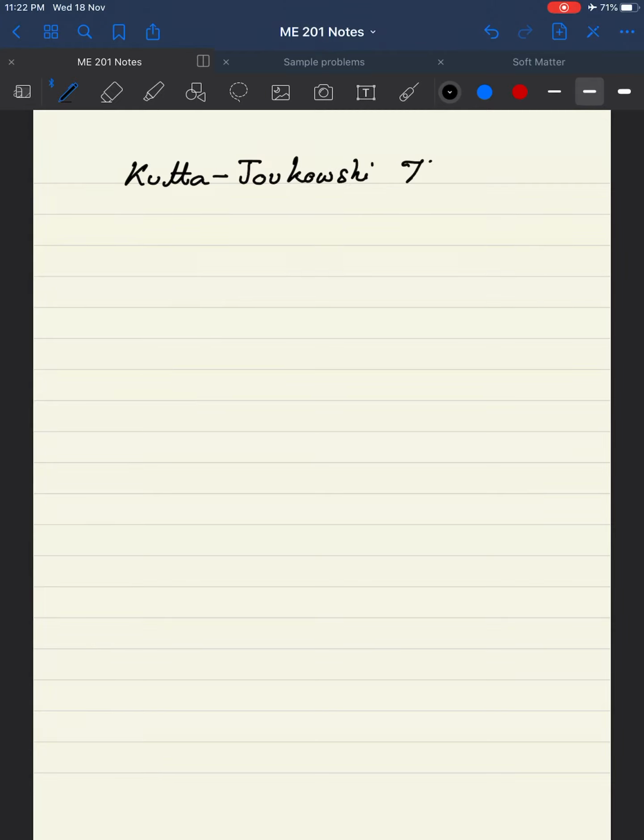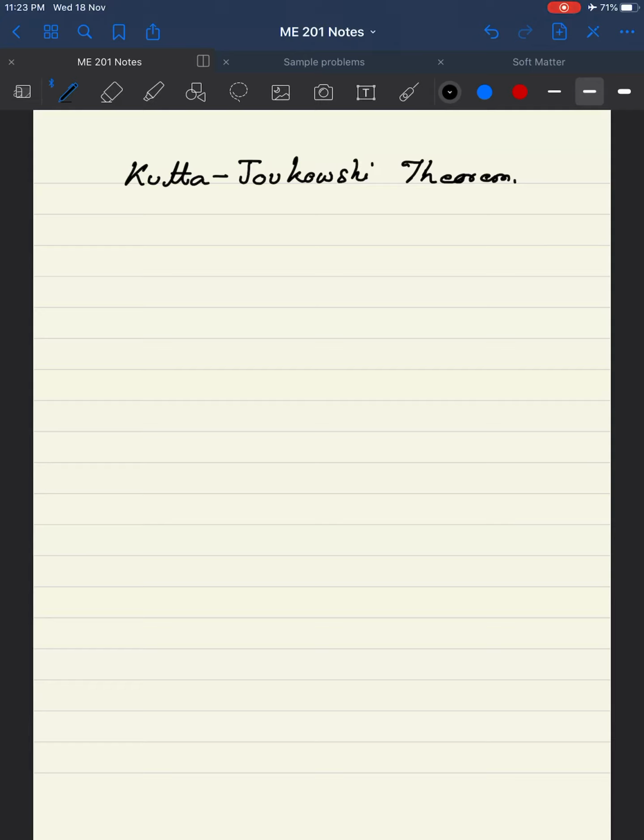the Kutta-Jaworski theorem. The Kutta-Jaworski theorem says: consider the flow around an arbitrary closed body, let's say for our sake centered at the origin in a uniform stream flow, just like what we took.